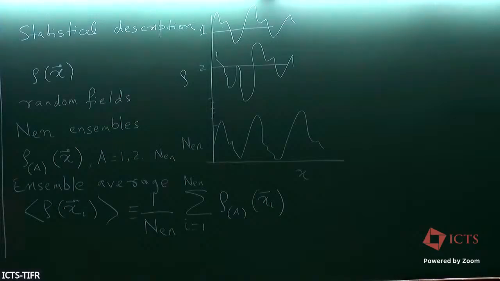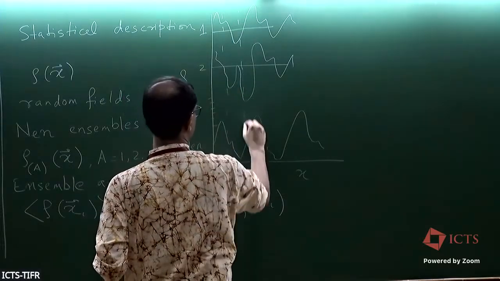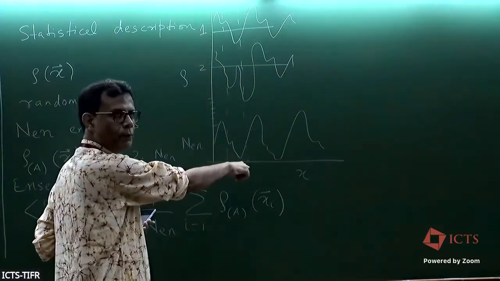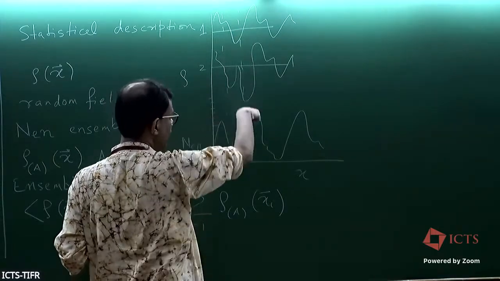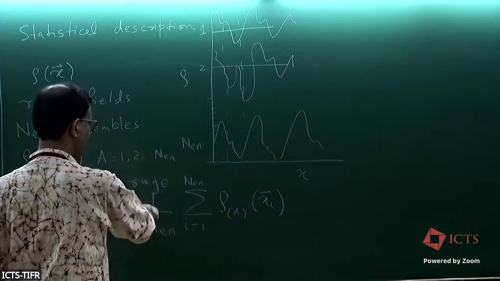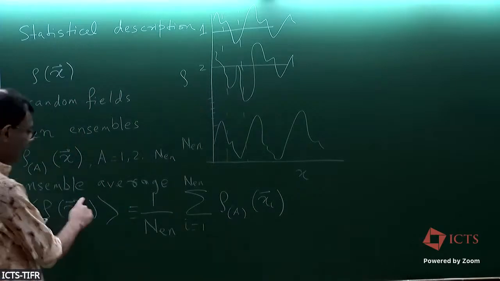So I have these different points. Let us say this is my first point, second point, and so on. So I go to one point, I evaluate the value of rho in each of these ensembles, sum them over, divide by the number of ensembles. That gives me the ensemble average at x_i.